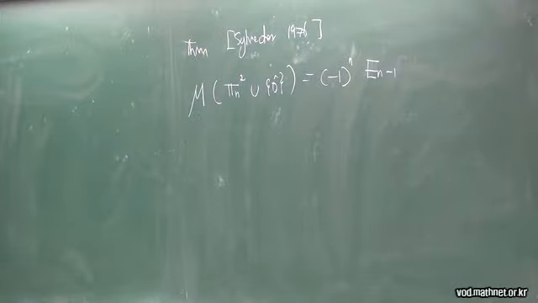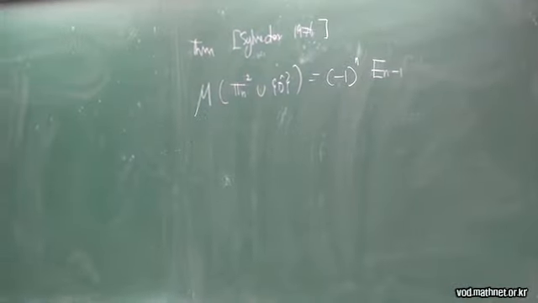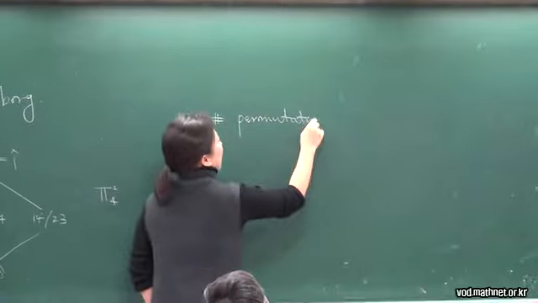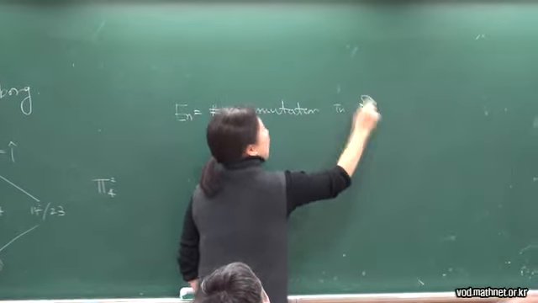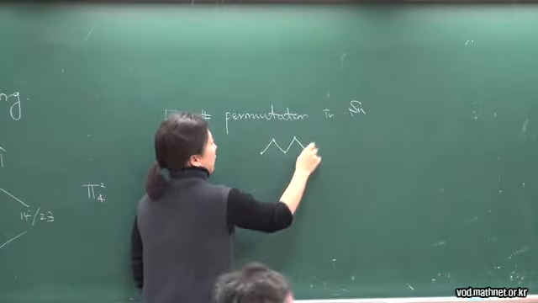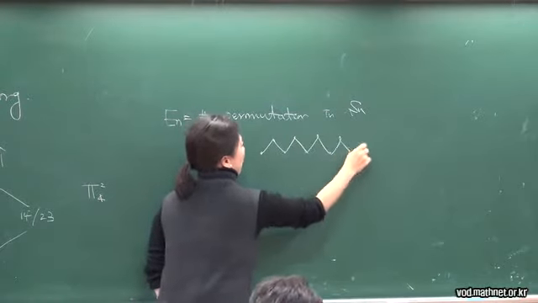What are the Euler numbers here? The Euler number means, as you know, the number of permutations in Sn which have alternating patterns: up, down, up, down, up, down.